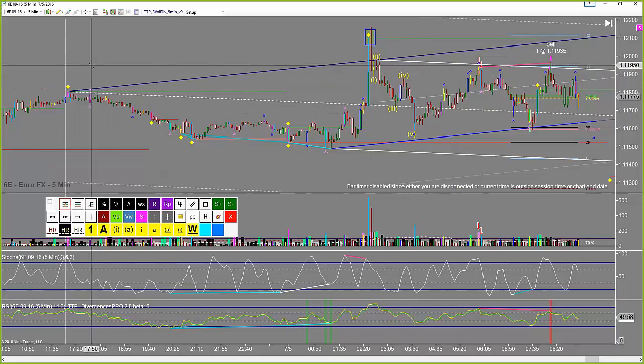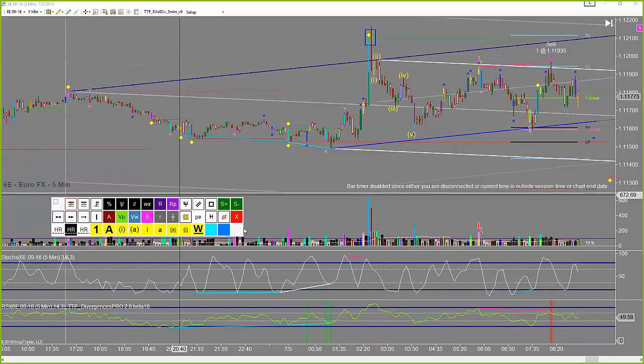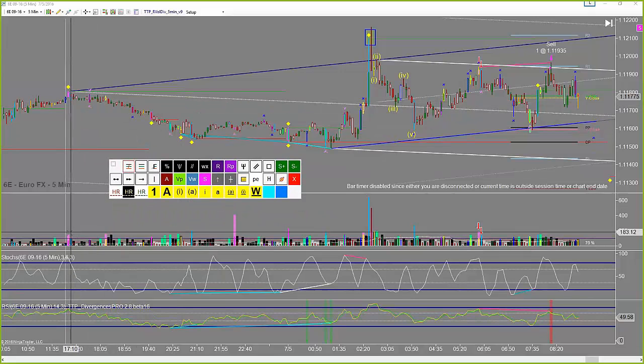is I connected from the overnight high, which we had an extreme spike at and a nice extreme churn bar.